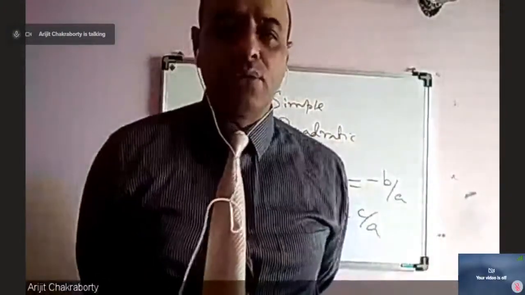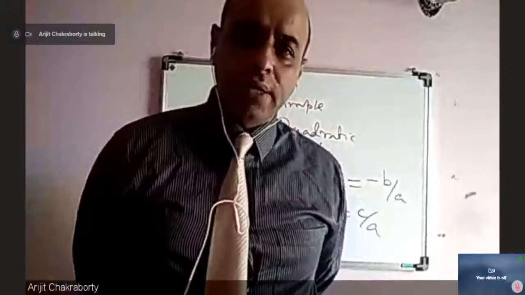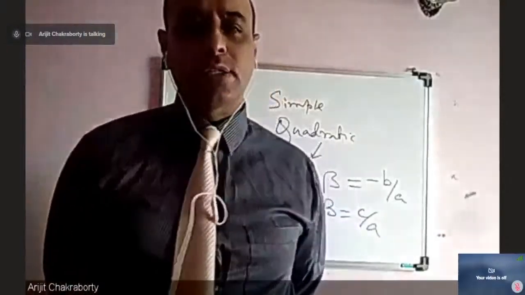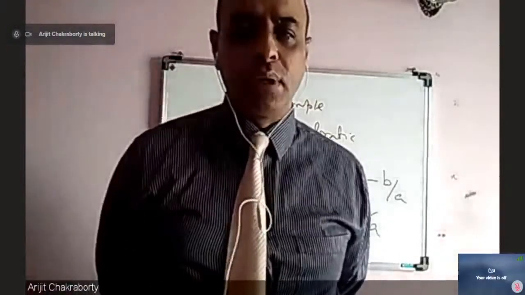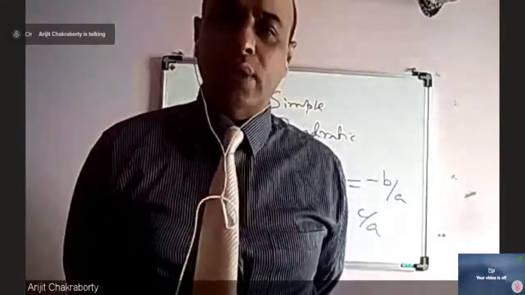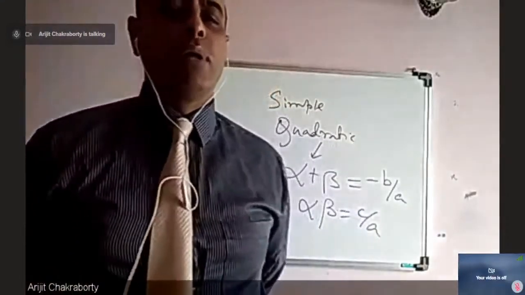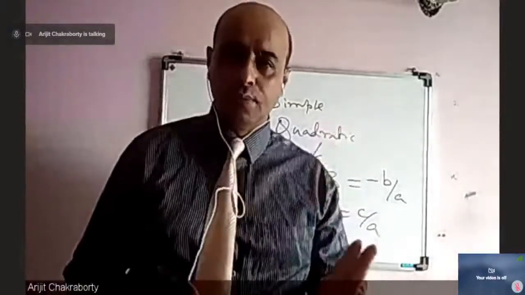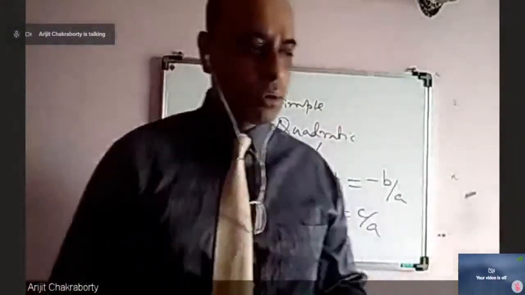But if you have an equation like 3x squared plus 6x plus 8, for example, then this is a quadratic equation because x has the power 2, right? So we will discuss more about that.